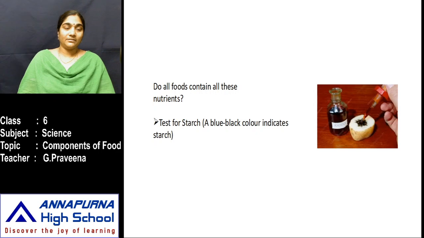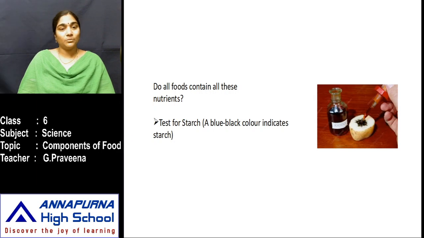So firstly, let us go with the first method, the test for starch. Here the main chemical that is used to prove the presence of starch is iodine. For the food that you want to test, you just take a small amount of that and add 2 or 3 drops of iodine to it.